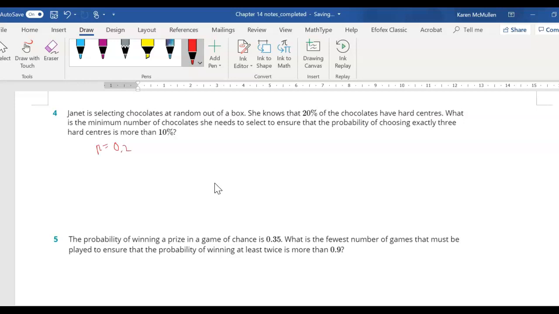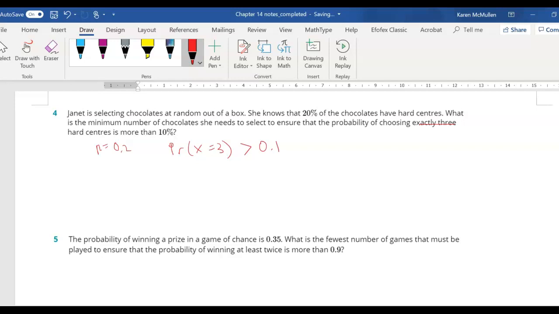We want the minimum number of chocolates she needs to select to ensure the probability exactly 3. So x equals 3. So it's not at least 3, it's exactly 3. Hard centers is more than 10%. So we want that to be greater than 10%, which is 0.1.